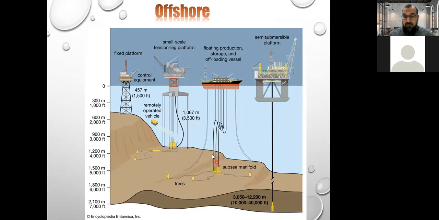This is deeper than the tension leg. Then if you go deeper to the seabed, you will use a semi-submersible platform. This can reach up to 2,000 meters, and also up to 3,000 meters.